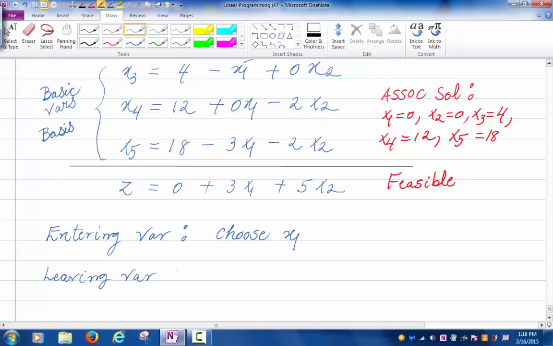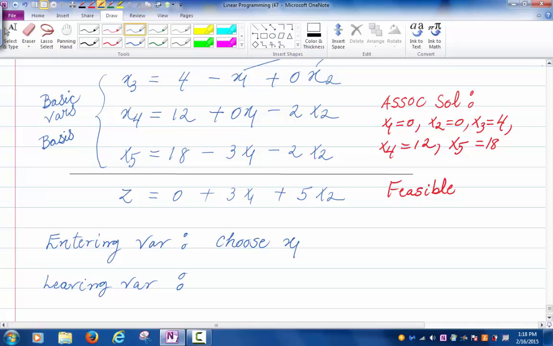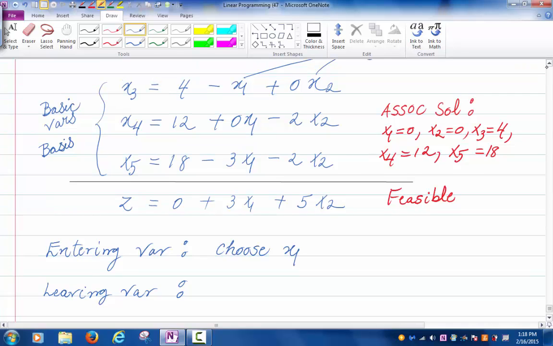So what criteria do I have to follow to choose a leaving variable? Does anyone remember? I am choosing x1 to be in the basis in the next dictionary. But x2 will still be non-basic. So that means I am keeping x2 at 0. I am not changing x2. I am only increasing x1.